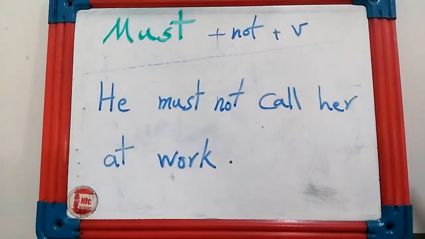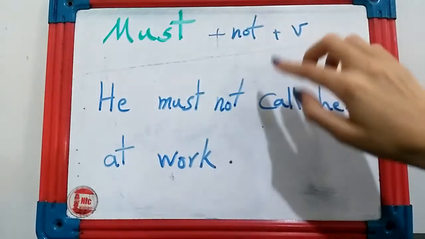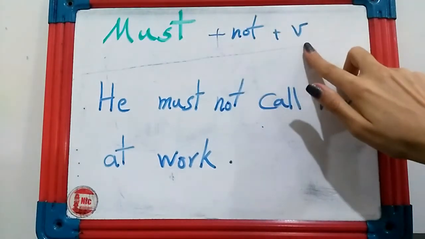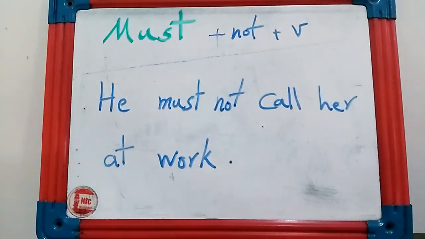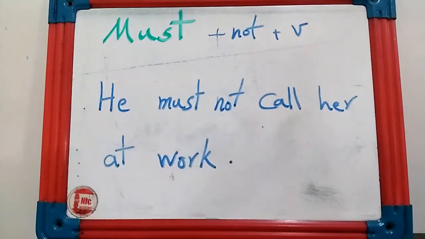What about negative sentences with must? The structure is must plus not plus the base form of the verb. فعل ساده و اصلی. So when we use the negative form of must, must not or mustn't, again it shows prohibition.